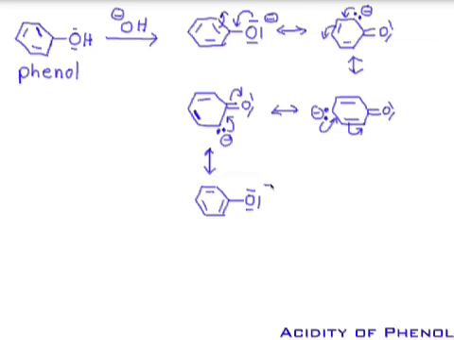Now, why would this make the original alcohol more acidic than the regular alcohol? Why is phenol more acidic? Well, you recall that none of these resonance structures actually exist.